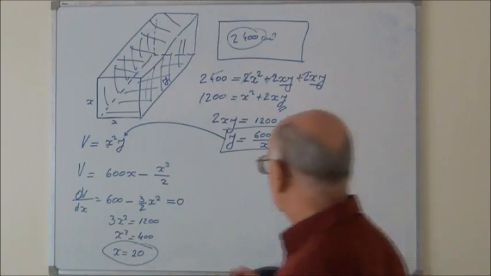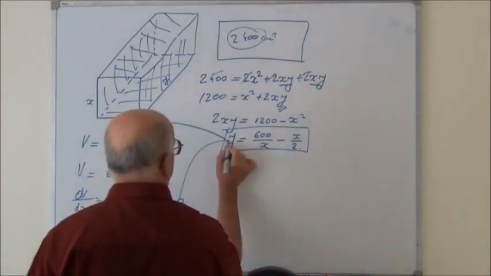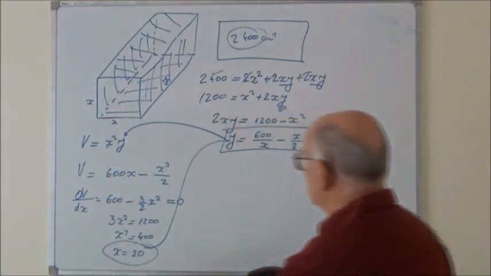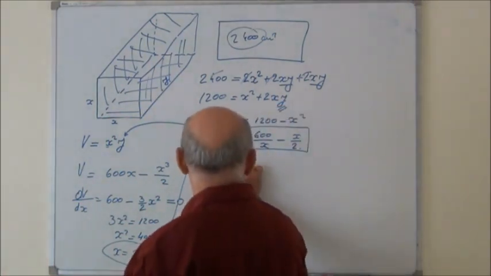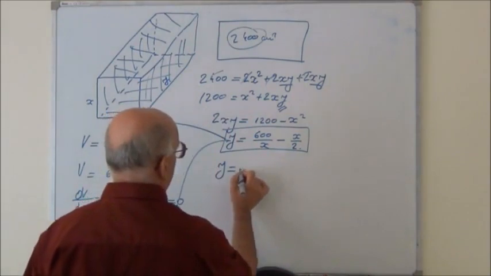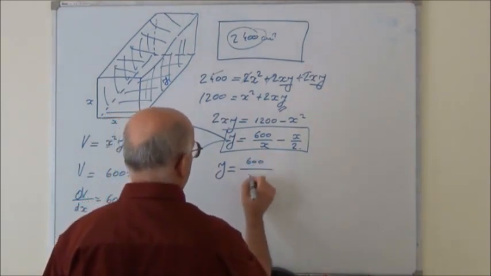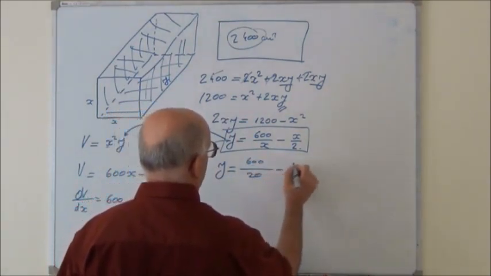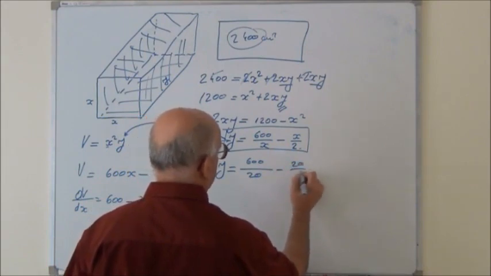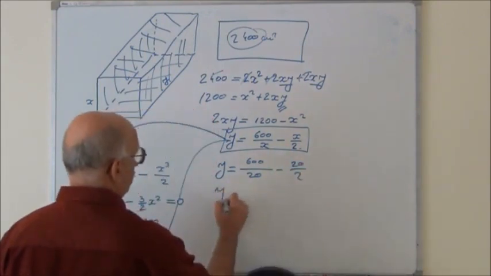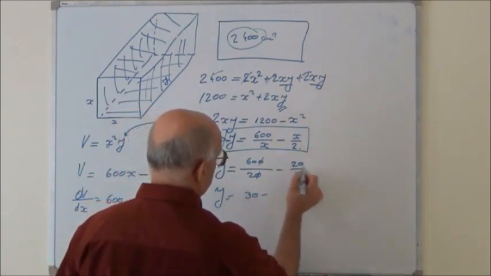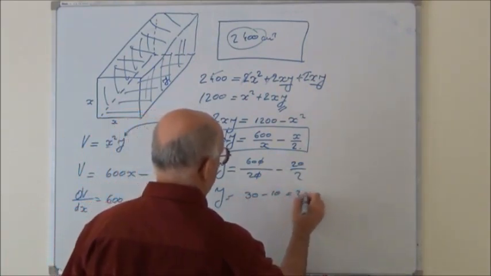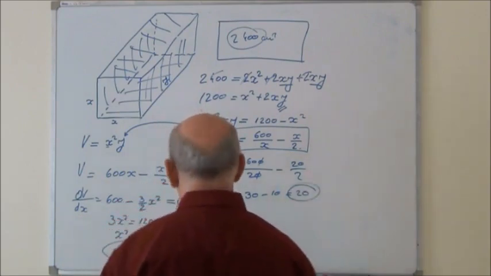To get the other dimension, we substitute this value of x in that equation to calculate y, and then y equal 600 on 20 minus 20 on 2, y equal 30 minus 10, equal 20 also.